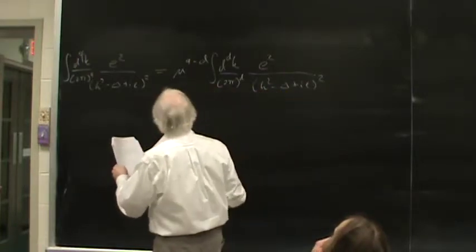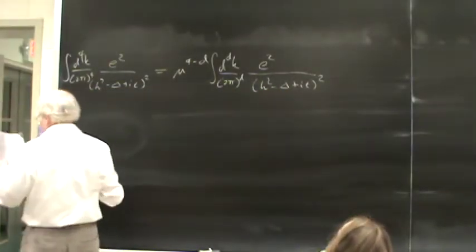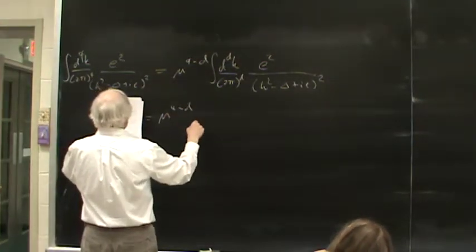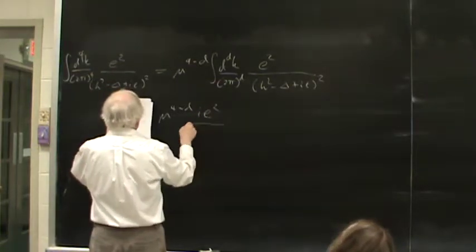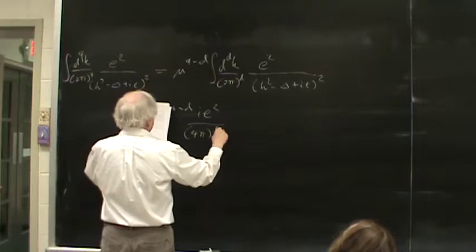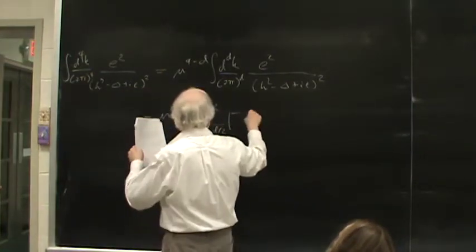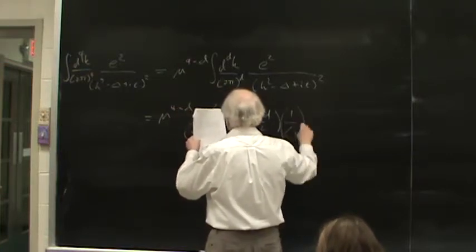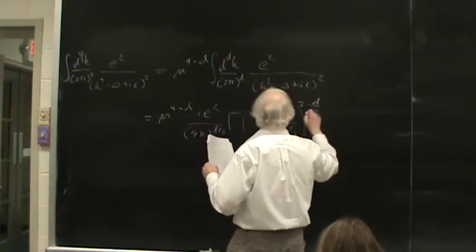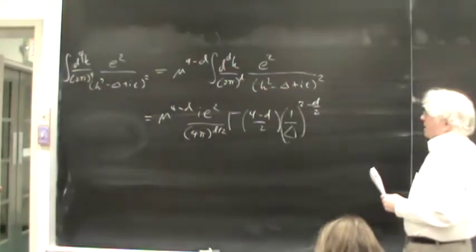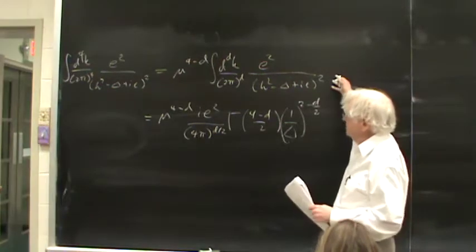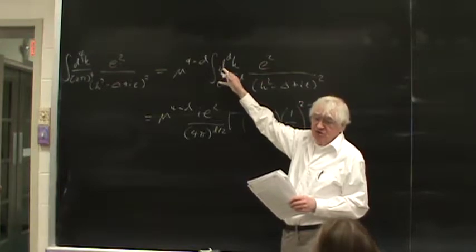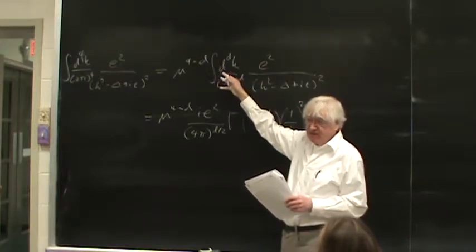And then that, by using one of those integral formulas, is mu to the 4 minus d I e squared over 4 pi to the d over 2 gamma to the 4 minus d over 2 1 over delta to the 2 minus d over 2. So this is what happens when you do the integral in d-dimensional space using the formula for the area of a sphere in d dimensions.